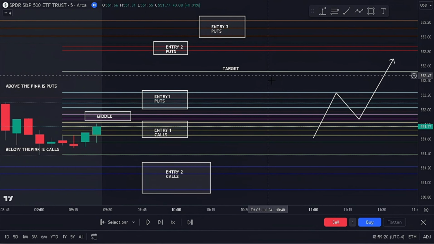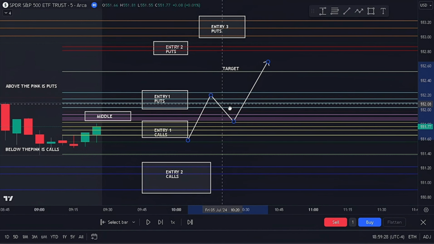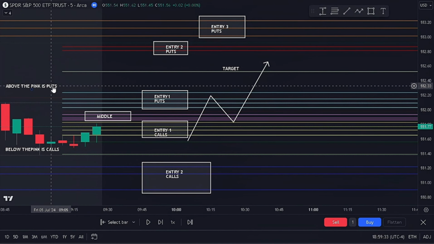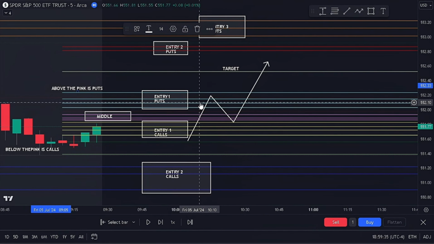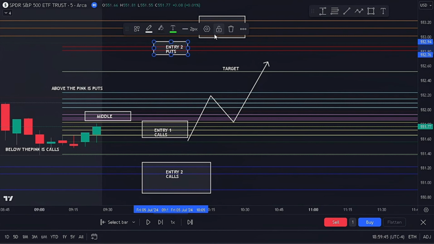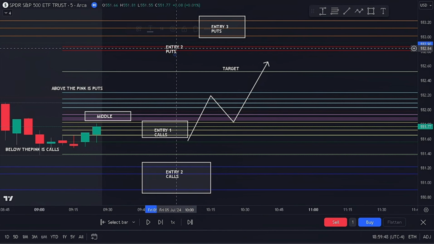The direction for this day was to the upside. So we disregard anything above the pink. We don't care about puts, we only want calls. So disregard this blue entry zone. Disregard this red entry zone.